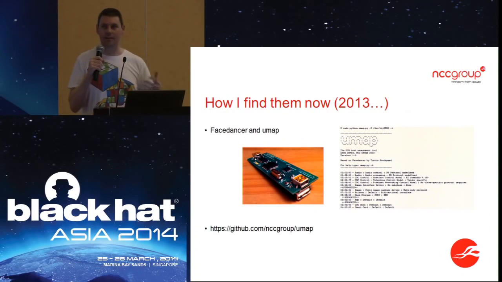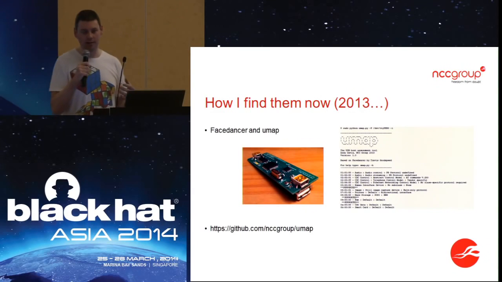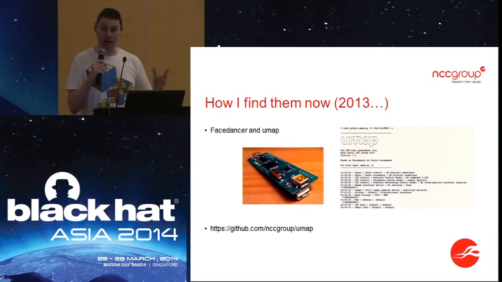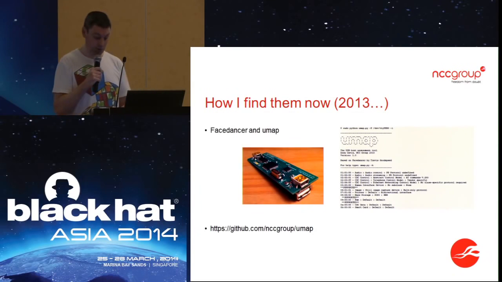Based on my expertise over the years of what types of mutations within the enumeration phase and the class-specific phase trigger bugs, I've created a whole bunch of test cases that apply to these different protocols. So that's all there, and you can download and use that.